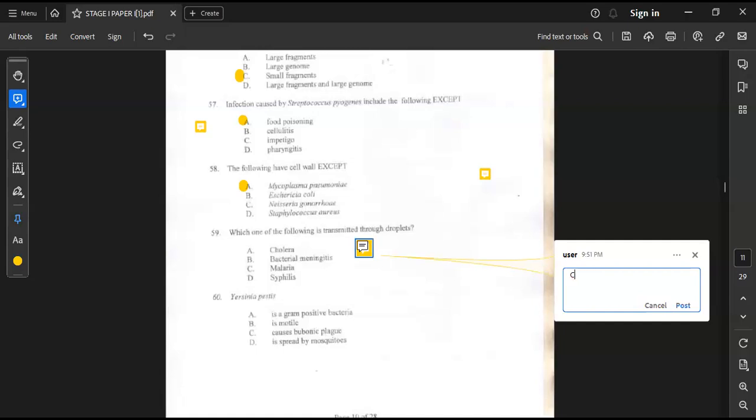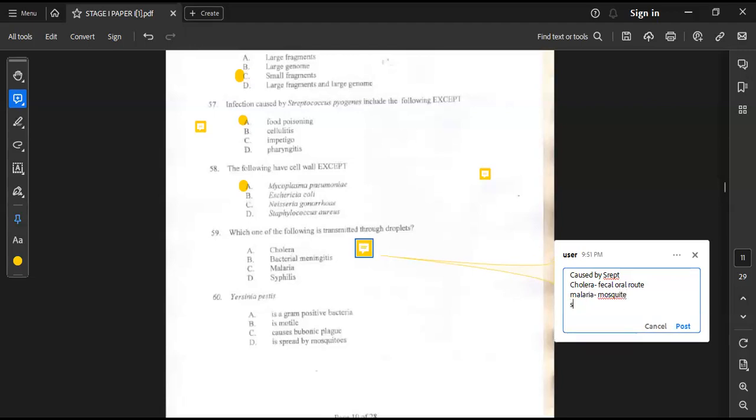For cholera, you know it is the fecal-oral route, majorly contaminated water and contaminated food. Malaria is mosquitoes, syphilis is an STD, but you can put in 0.01% of cases.